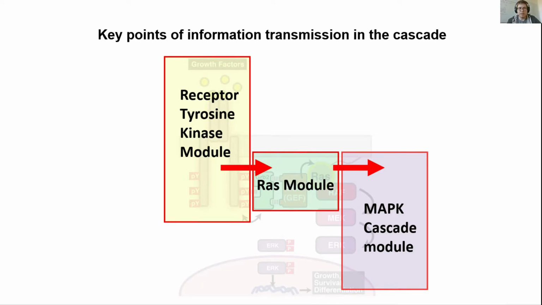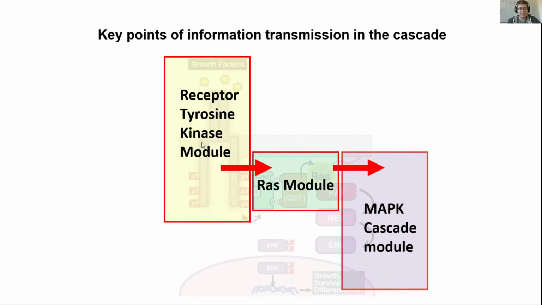And so if we look at this growth factor signaling pathway, what we can see is it's really mainly built up out of three things. There is a receptor tyrosine kinase module. So this is the thing in which growth factors are going to bind and they're going to create these phosphotyrosine platforms. This module communicates its signals to the RAS module.